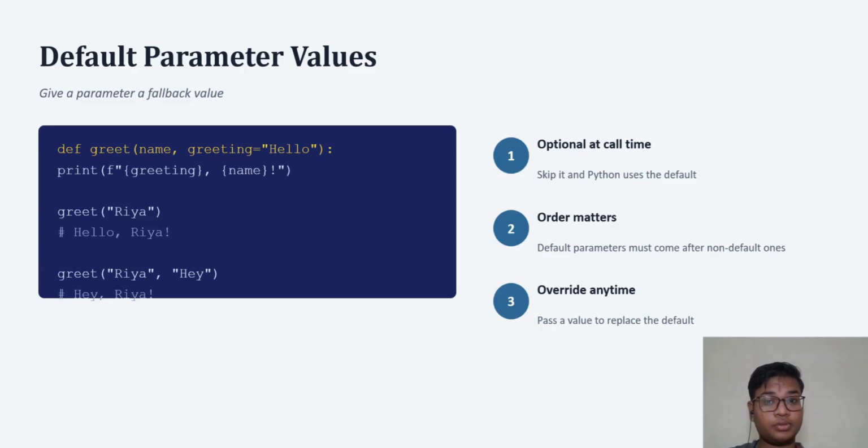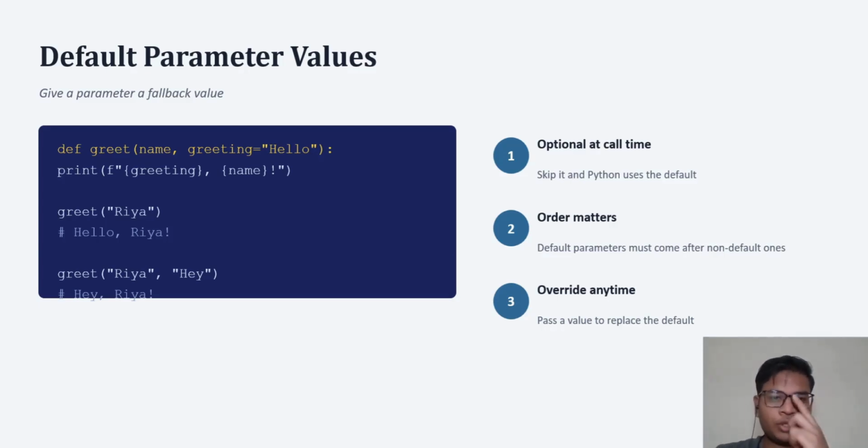Always remember, they always come after the non-default ones. You cannot write a default parameter before a non-default one. And the third one is override anytime: pass a value to replace the default. Okay. Always remember all these things.